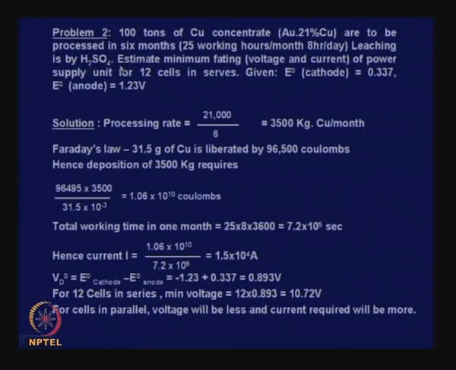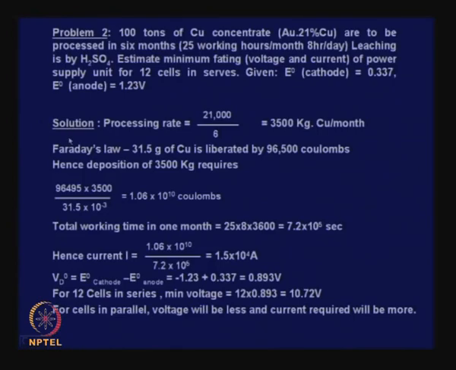Estimate minimum rating, and rating means voltage and current of power supply unit for 12 cells in series, given the E naught for the cathode and E naught for the anode.